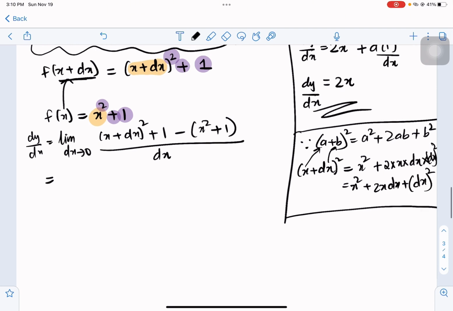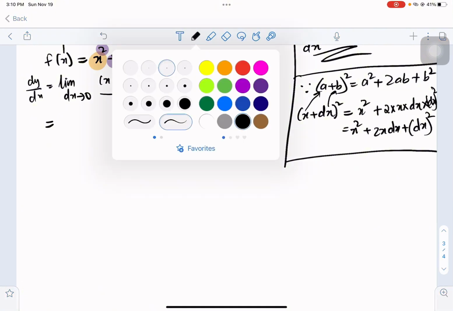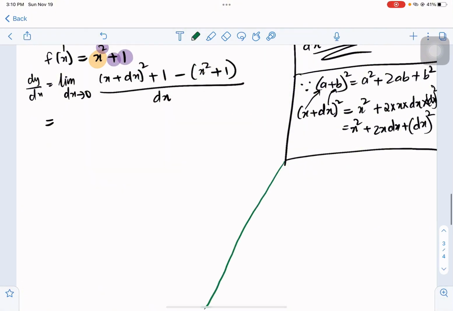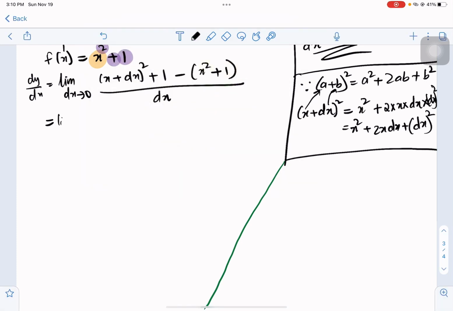Otherwise, if you are not remembering the formula, you don't have to panic. I'll just do it here. So limit dx tends to 0. x plus dx is being multiplied twice, right? Then you have negative multiplied here, which will be negative x squared, and this will become negative 1.